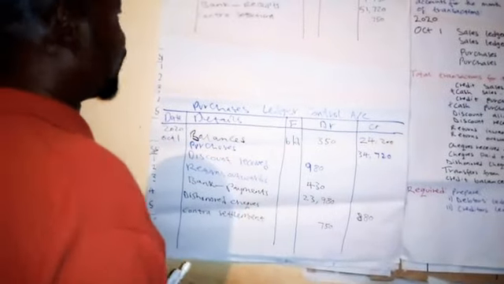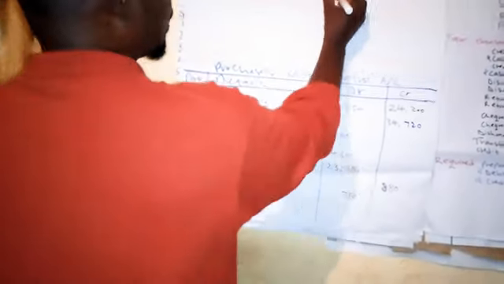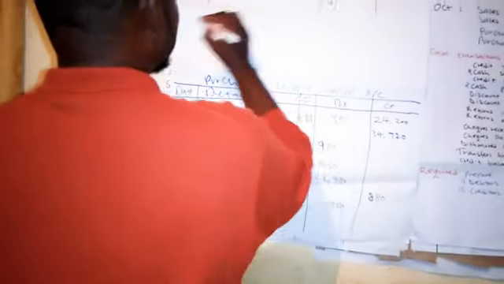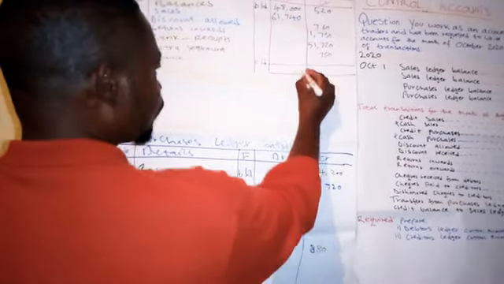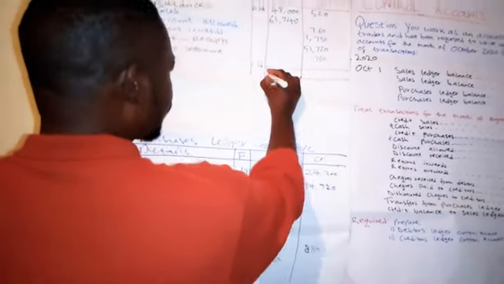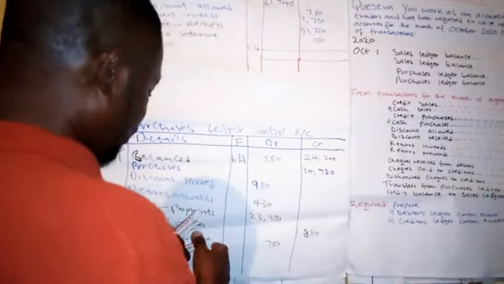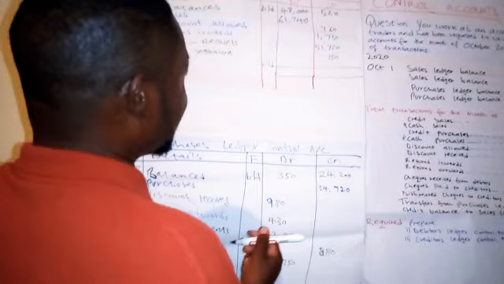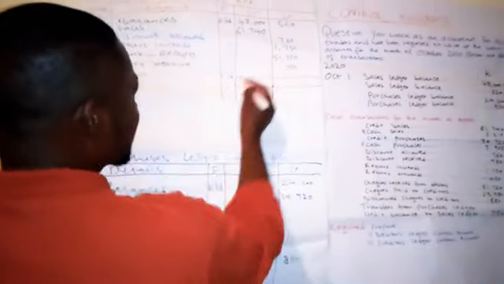We can now balance off the two accounts. So balance carried down. You do this on the last date of the month there. So let's see the totals that we have. If we add these figures, I can see the debit side is bigger.